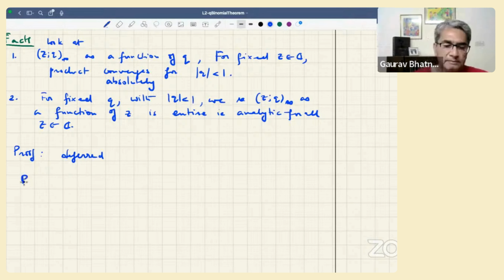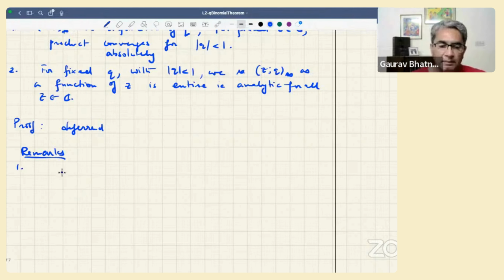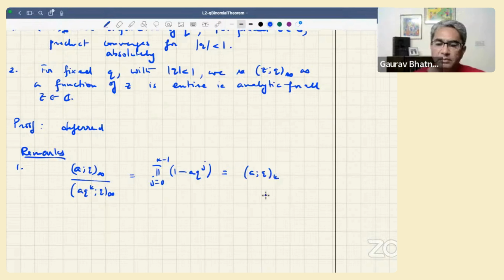Some remarks on these products. If you take (aq;q)_infinity and divide by (aq^k;q)_infinity, then you can cancel various terms and get the product of (1-aq^j), that's (a;q)_k.